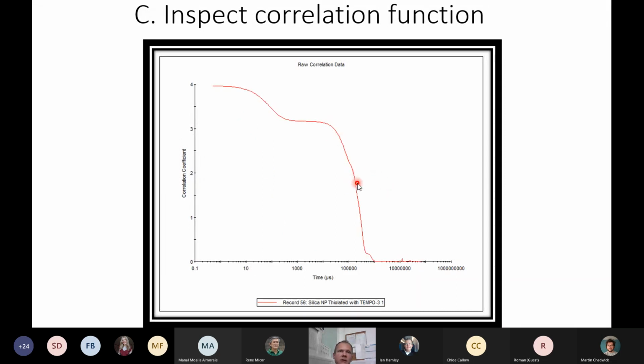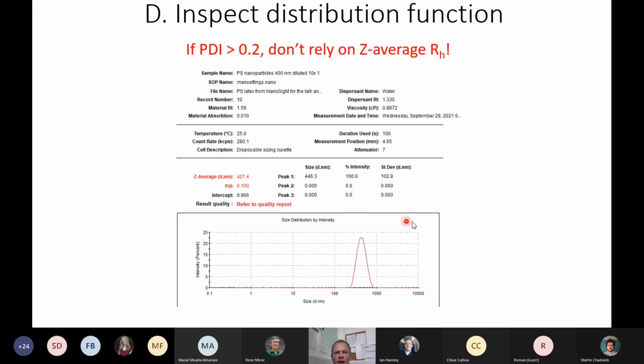Again, don't try to analyze it. Don't try to read the values that the software will provide you, because it's just software, right? It will give you some numbers, but these numbers of hydrodynamic radius are just bad. They are not real. Well, the program can calculate everything, right? But these data are not reliable at all.